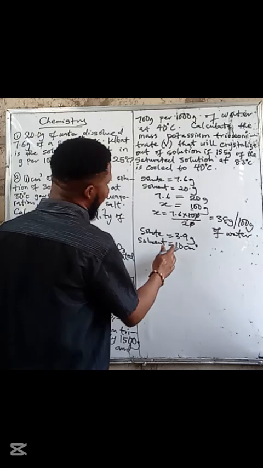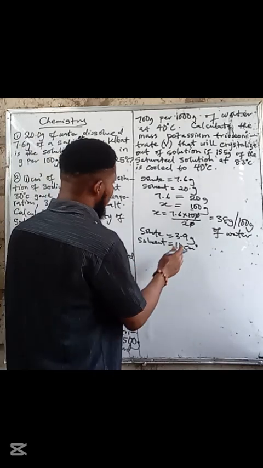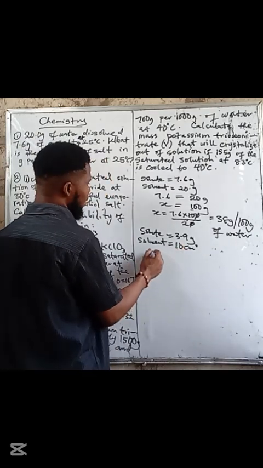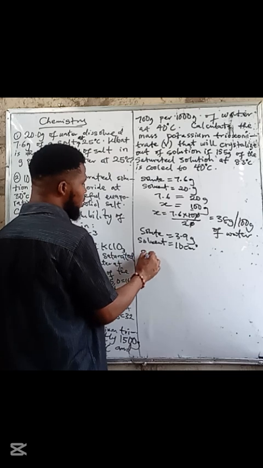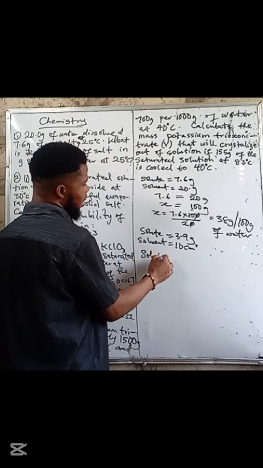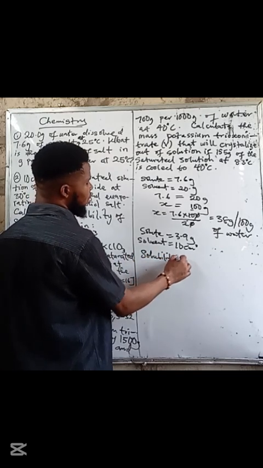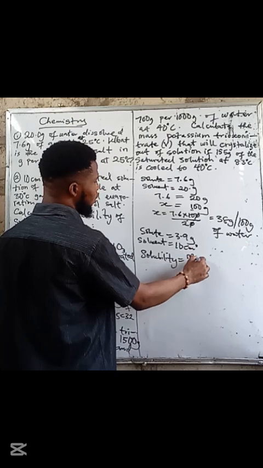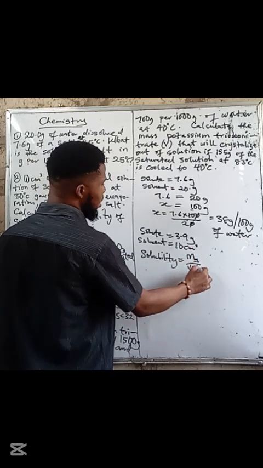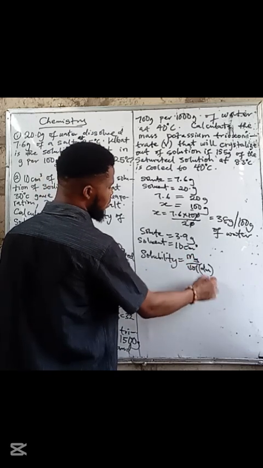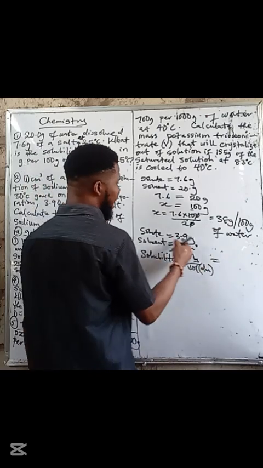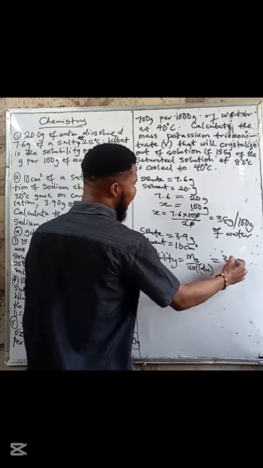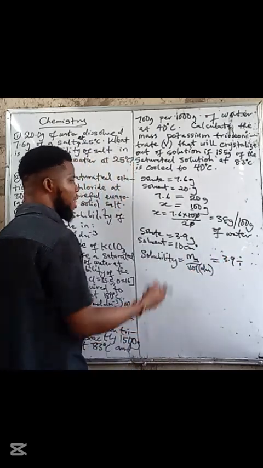So gram per dm³. Now, all we need to do is we say solubility in gram per dm³ is simply the mass in grams over the volume in dm³. That's just what it is, okay? So what is the mass in grams? 3.9 divided by what is the volume in dm³.